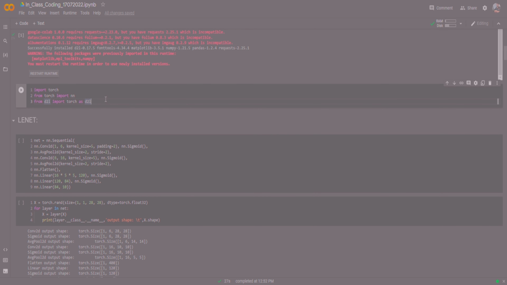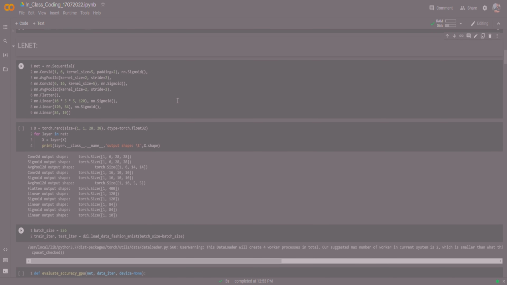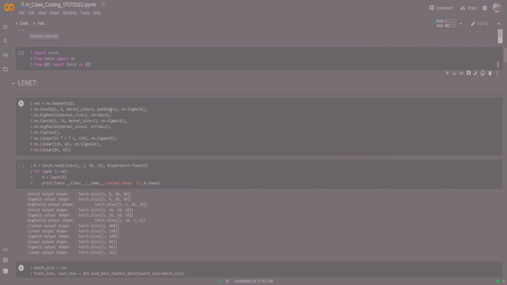Then we'll go to this. Just run this, and I'm able to import the various modules I'm asking for. Now let's go to the LeNet part which we are considering. According to the requirement, we are trying to design the network.